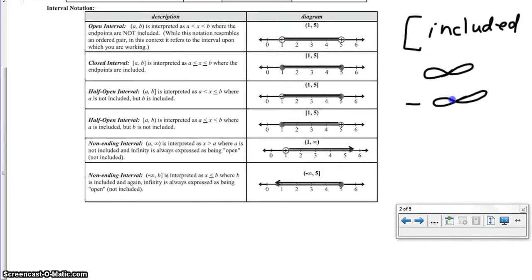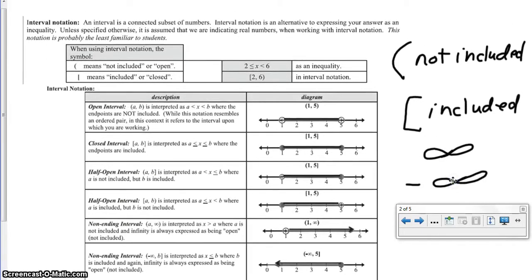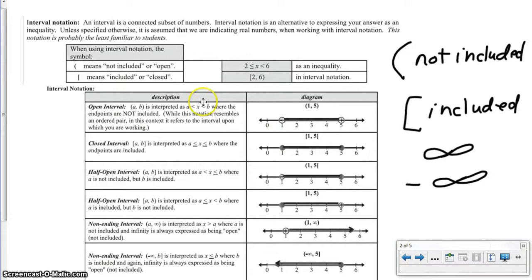Since you can never reach infinity or negative infinity, it can never be included because it keeps going on and on like the Energizer Bunny, okay? So that always has the open or the parentheses, okay? So hopefully you looked at these rules about open interval, closed interval, half open, non-ending interval to infinity and beyond, and looked at these examples, okay?